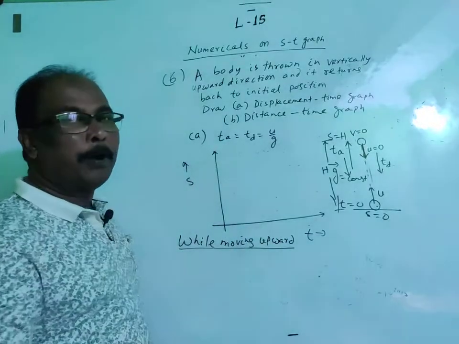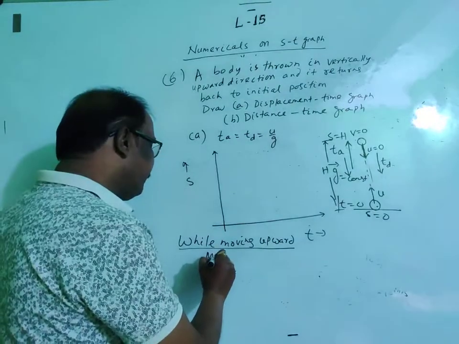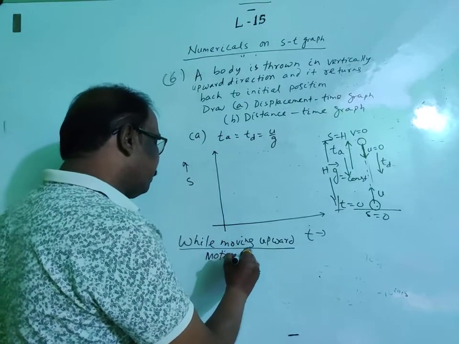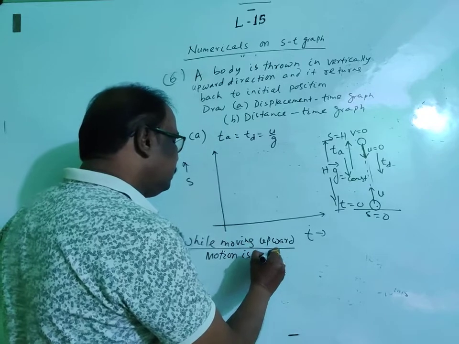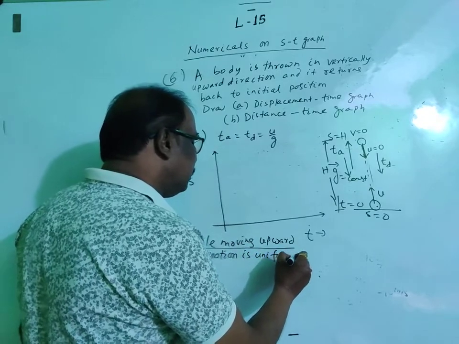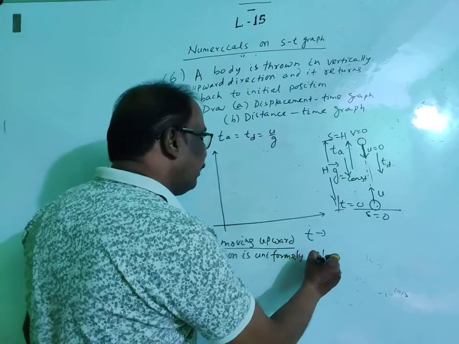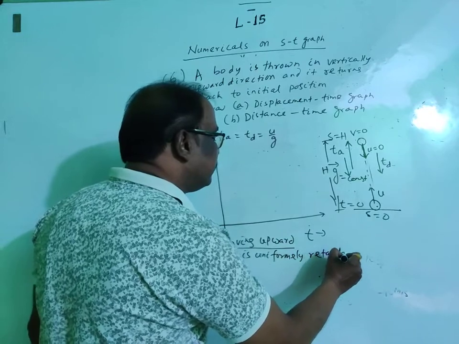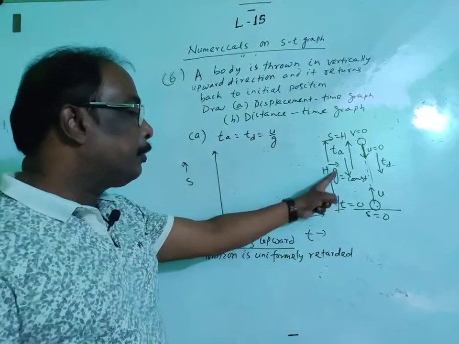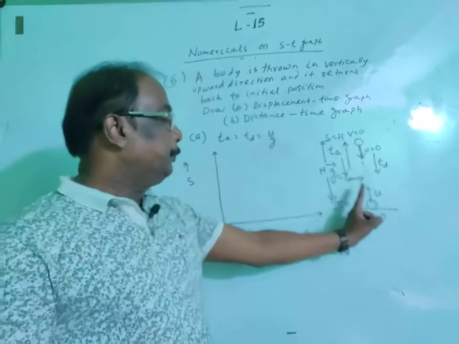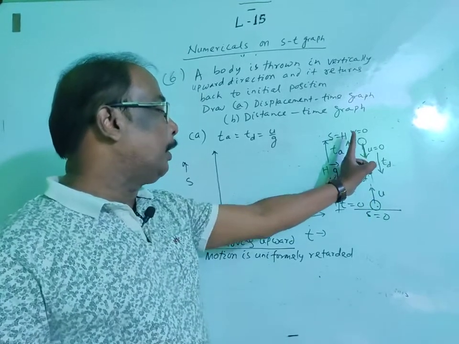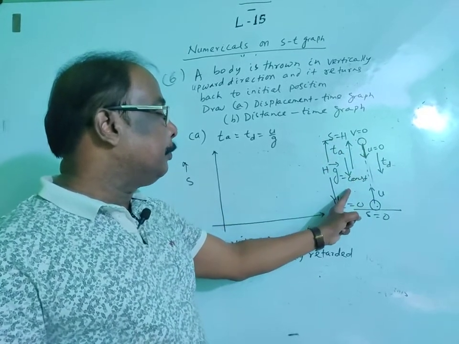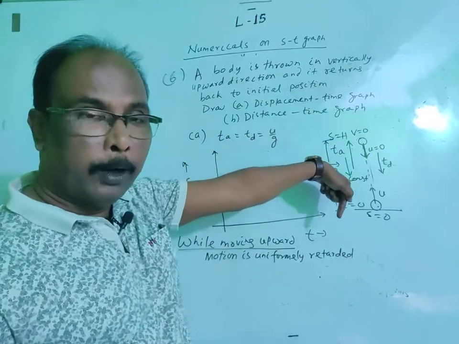While moving upward, the motion is uniformly retarded. g is constant, u is the initial velocity in the upward direction, and acceleration due to gravity is in the vertically downward direction.